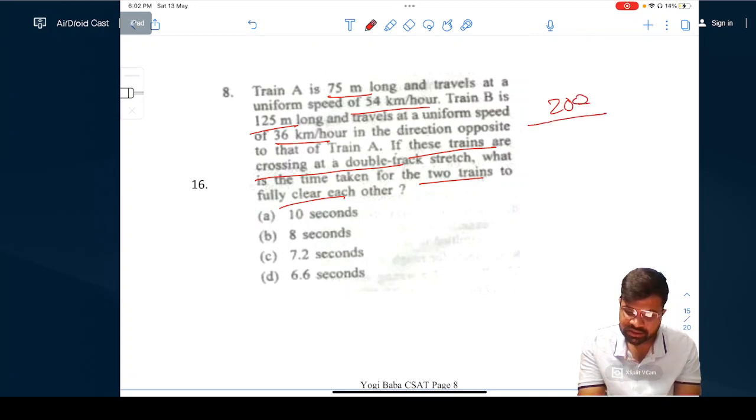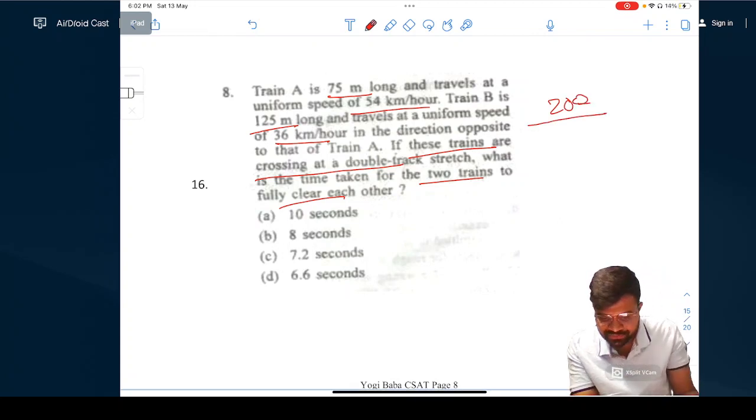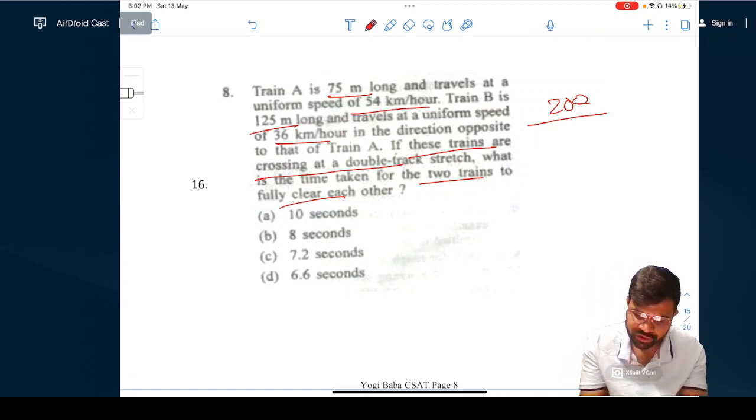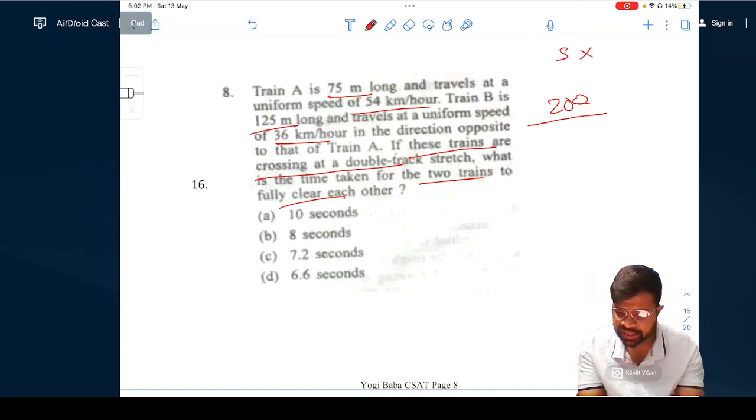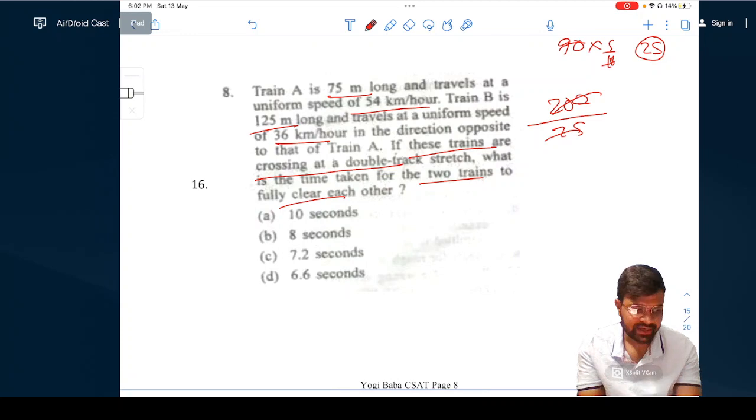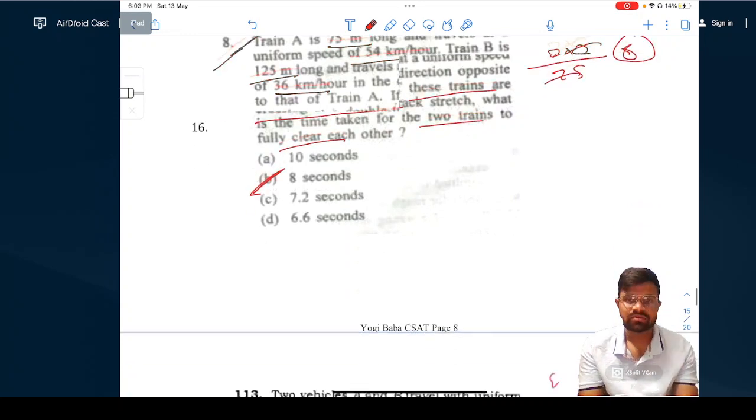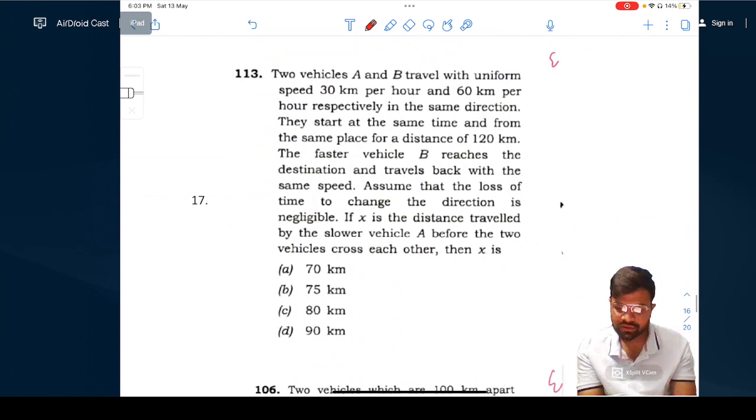The speed of both will be 36 plus 54, let's say 90 into 5/18, so it will be 5 into 5, 25. So 200/25, it will be 8 seconds. Okay, all of these things are already done by us.